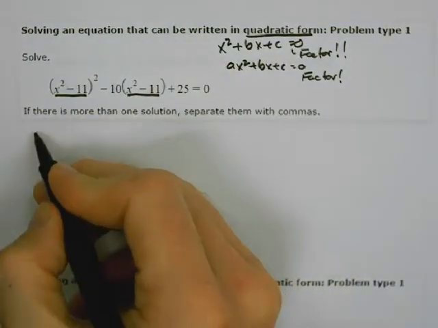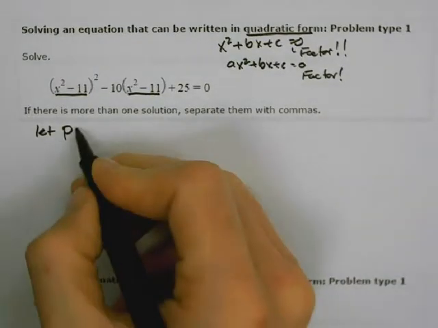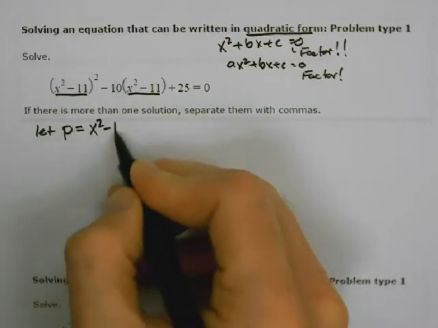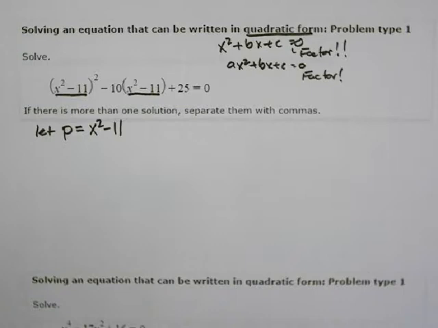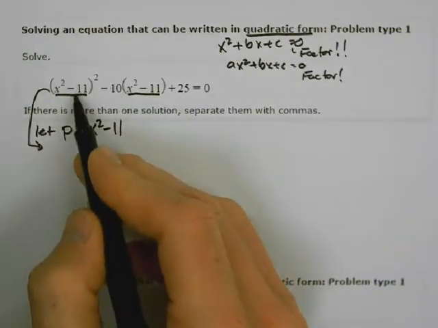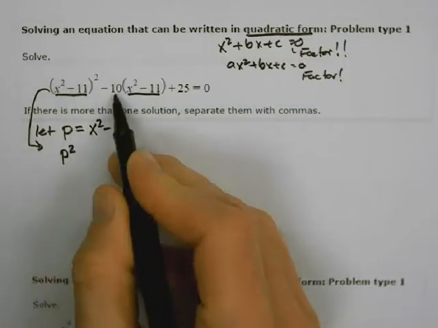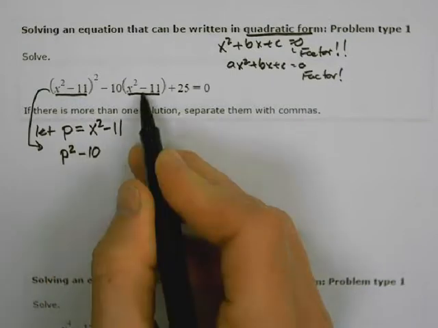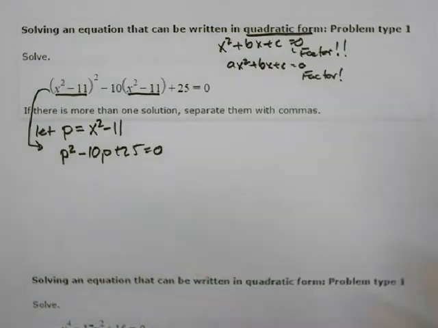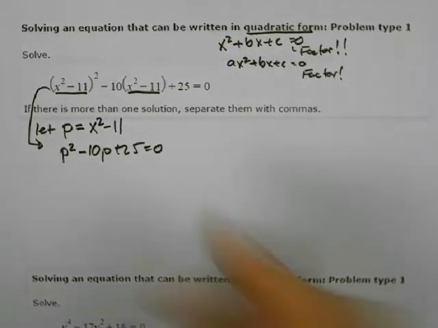To make this look simpler, let p, I'm just picking any letter, be equal to this expression x squared minus 11, just for a second. If I rewrite this, instead of x squared minus 11 squared, I can just say p squared. Then this is going to be minus 10p plus 25 equals 0. Now that looks a whole lot more reasonable to try to factor.